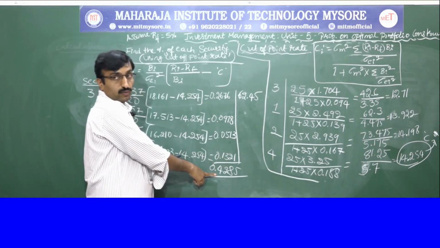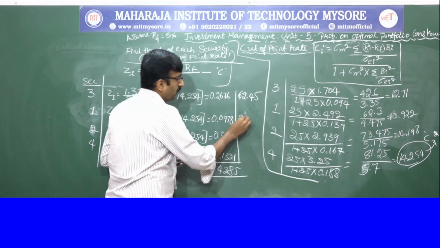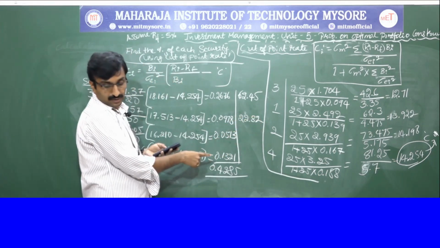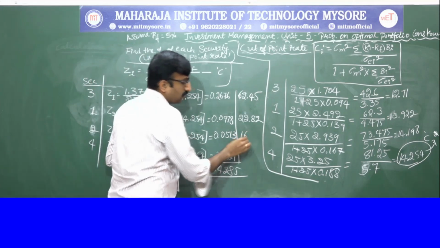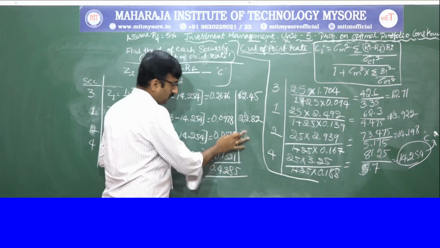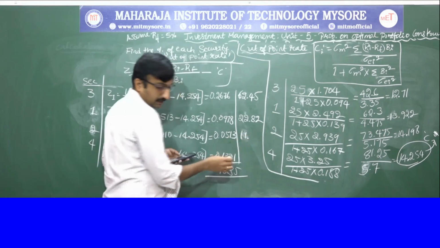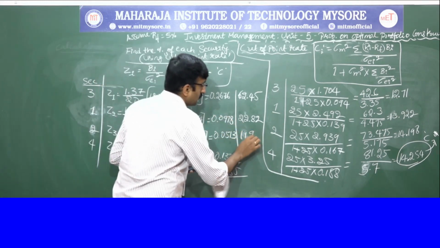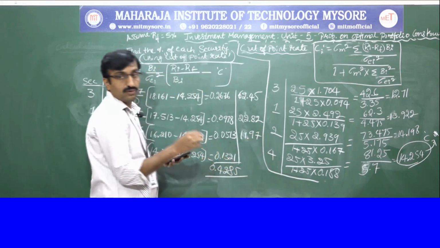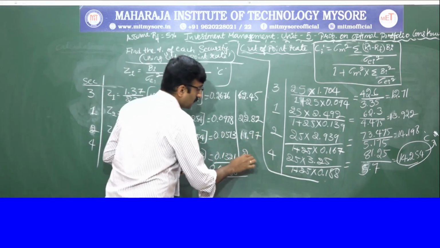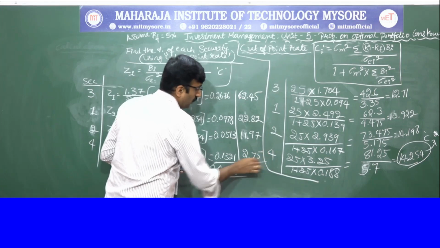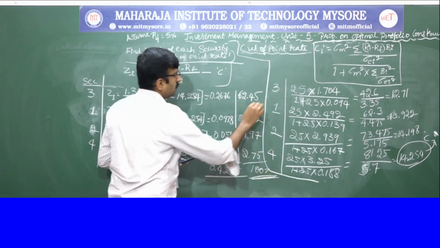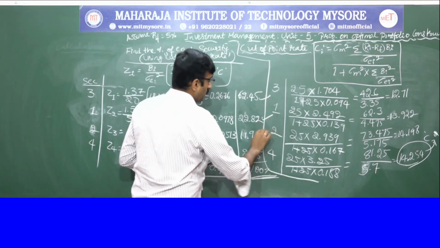Same thing for the next one, 22.82. Next, third one, 16.24. It is 11.97. Last one we have 2.75. If you do, approximately you will get 100%. This is how we have to do it.